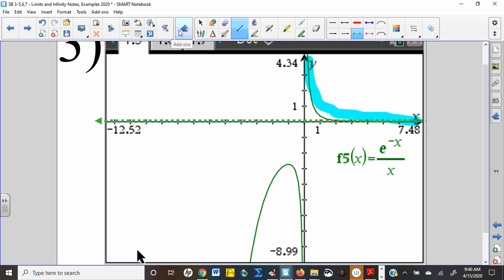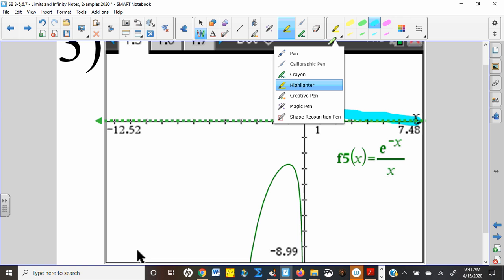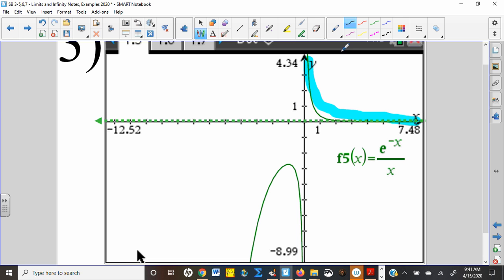I know that on your solutions, it just gave you the answer. It just said 0, that your y values are approaching 0. But if we wanted to write a full limit statement, and I do want you to start practicing doing that because you're going to have to do that all the time in calculus, we would say that the limit of our function f of x as x approaches infinity is equal to 0.